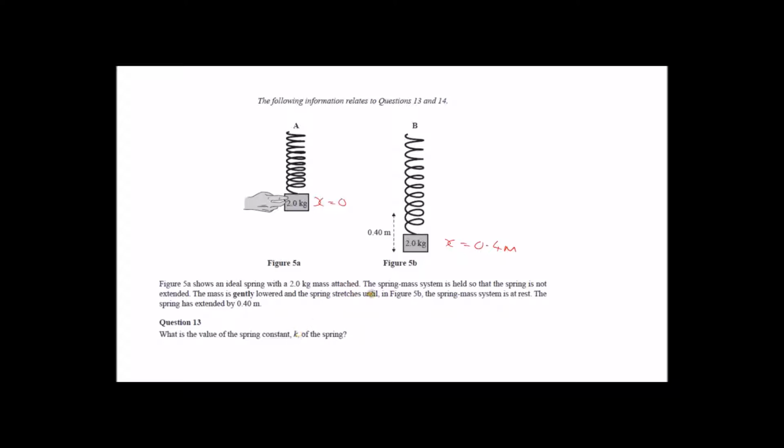So we've got 2 kilos of mass. Now what that means is the weight force, which is extending the spring, is the weight, which is mg, 2 times 10, which is 20 newtons. Now we know that x is 0.4 meters. The force on a spring is minus kx.